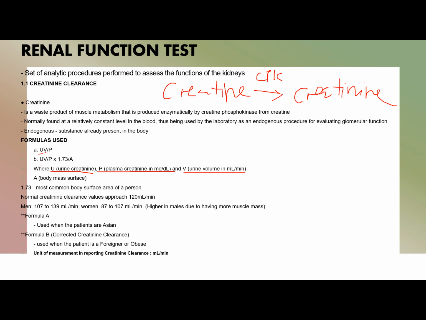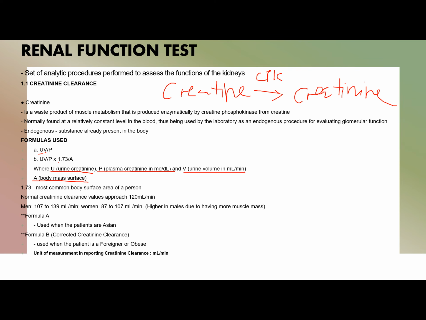While sa second formula, urine creatinine times the urine volume in ml per minute divided by plasma creatinine, multiplied by 1.73 divided by A, wherein A is the body surface area.